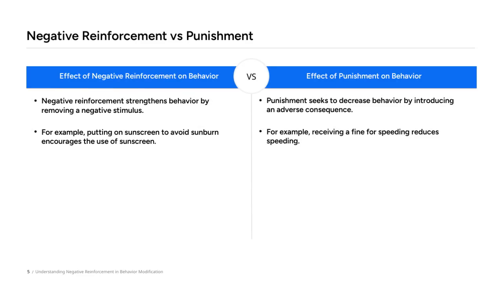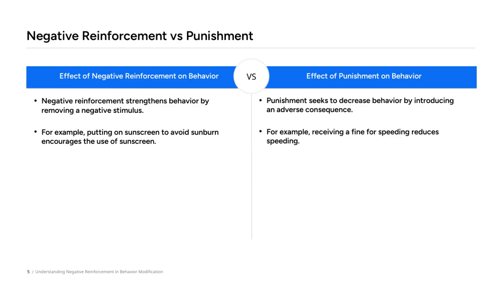Here, we're looking at the difference between negative reinforcement and punishment. Negative reinforcement actually strengthens behavior by taking away something unpleasant. For instance, putting on sunscreen to avoid getting sunburn encourages that behavior because you're removing the negative outcome, sunburn, in response to applying sunscreen.